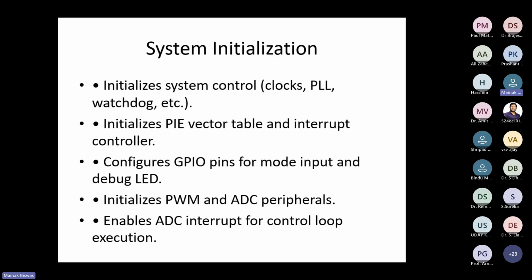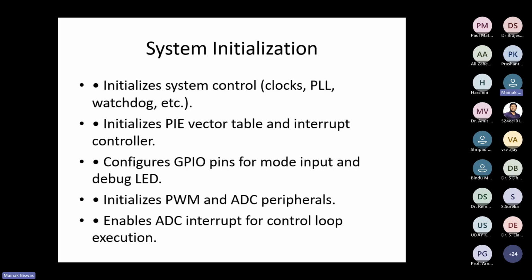This is the system initialization: it will initialize the system control, like clocks, PLL, watchdog, etc. Then it initializes the PIE vector table and the interrupt controller. Then we'll configure the GPIO pins, the general purpose input output pins, for mode input and debug LEDs.